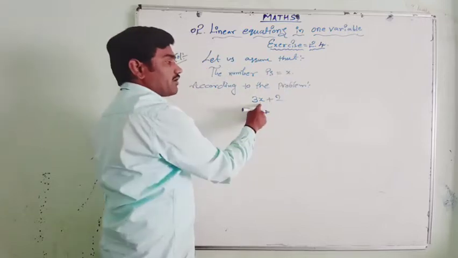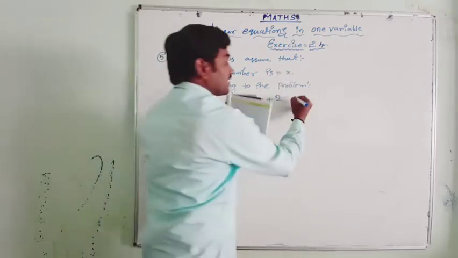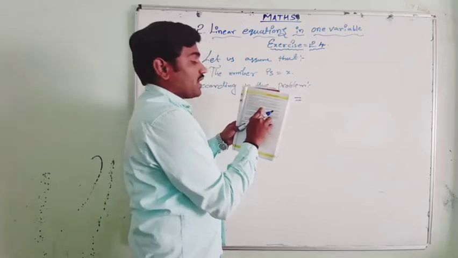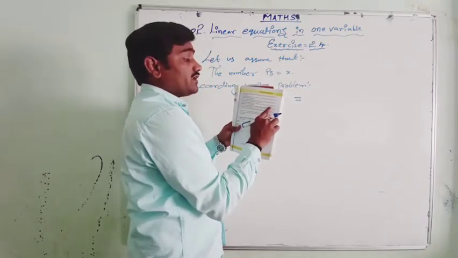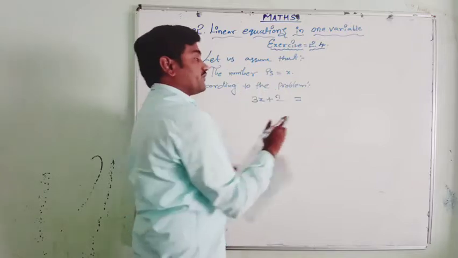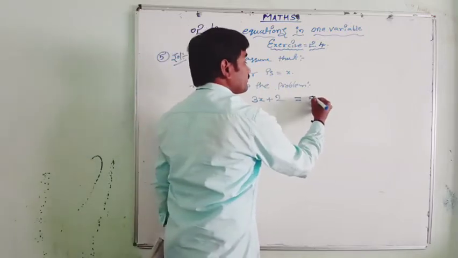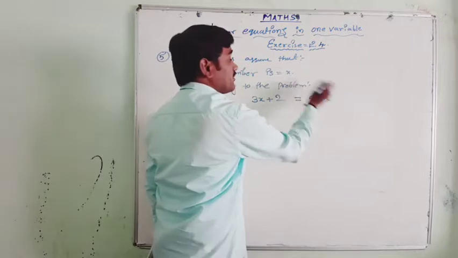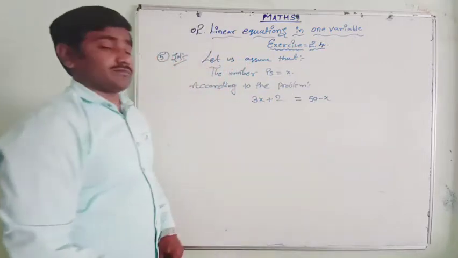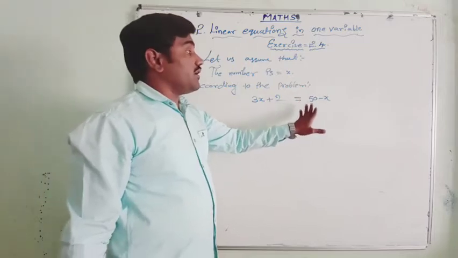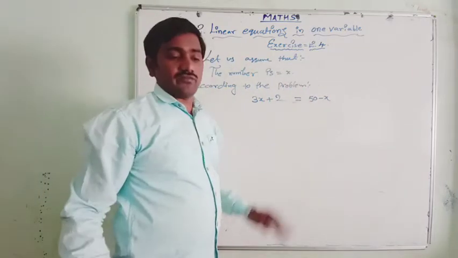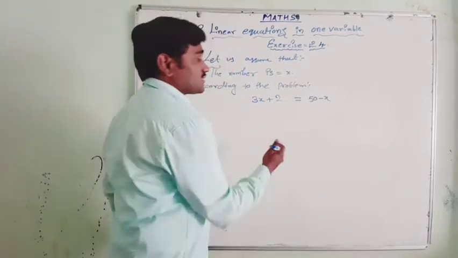I triple this number and add 2. It will give the same answer as I get when I subtract the number from 50. So when you triple a number and add 2, you get the same answer when you subtract this number from the 50. This is what the question is. Let us find out what is the number.